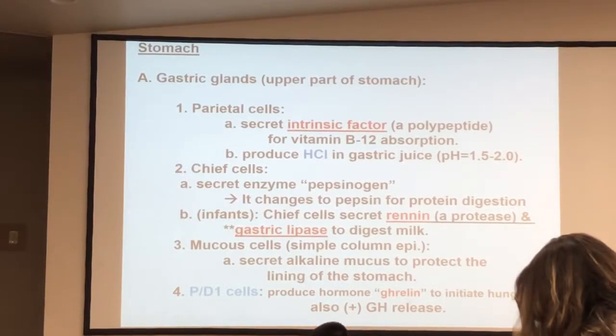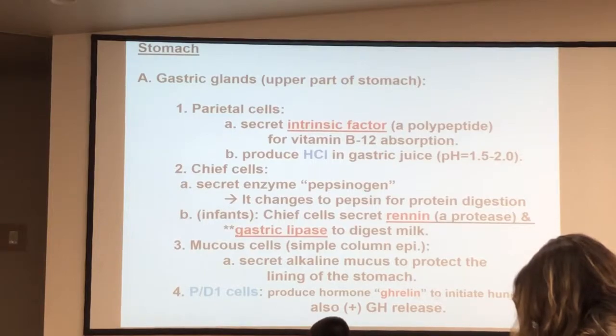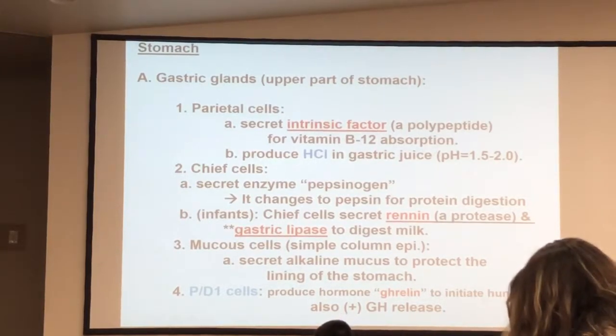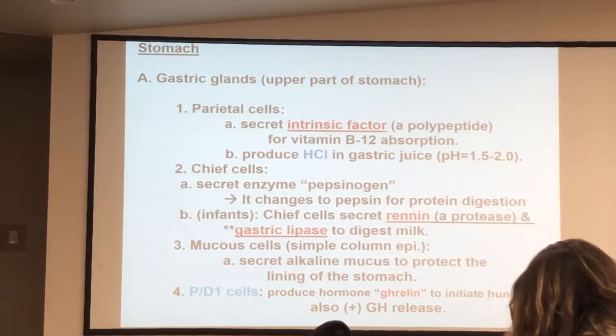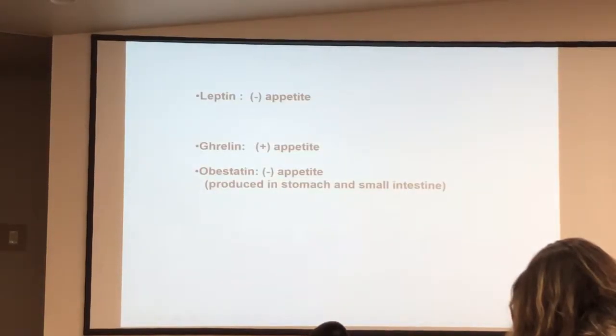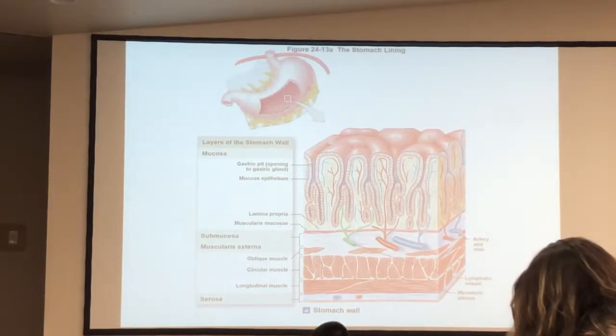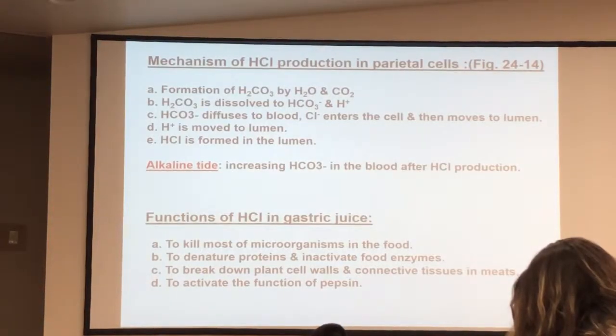So the word actually comes from growth hormone release. Okay, it will initiate hunger. When you feel hungry, you probably have P/D1 cells producing more ghrelin, and then you want to eat. All right, and then the other cell I'll tell you later.